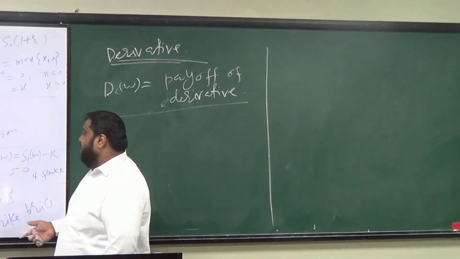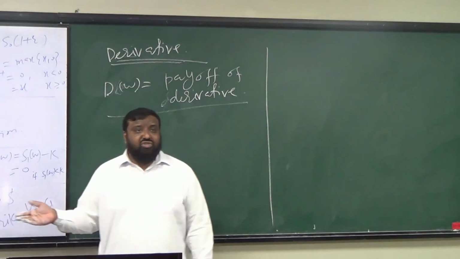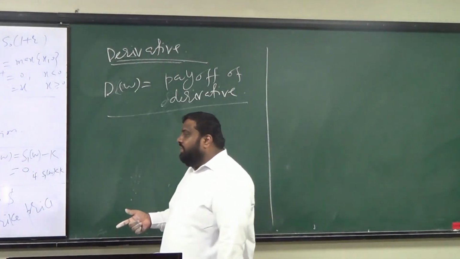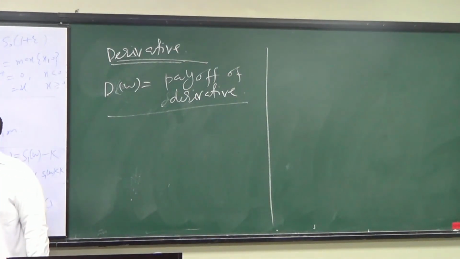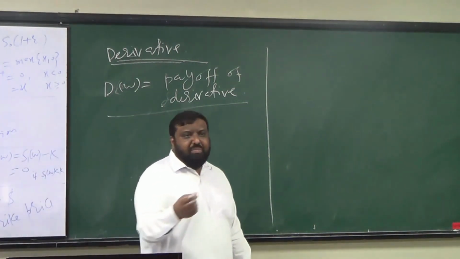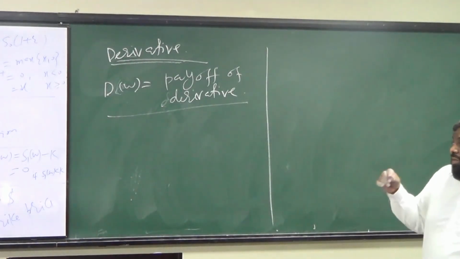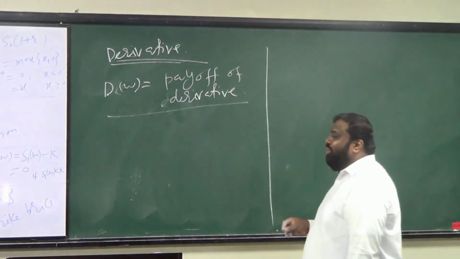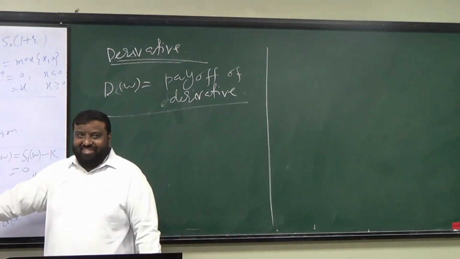So if the stock is, for example, less than the strike price K, then he's going to lose, and that is going to be only the premium. But the premium, you're going to see, is a much better thing to lose than the alternative.